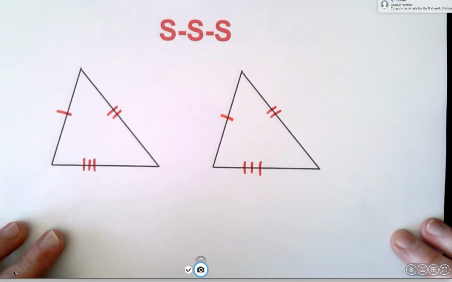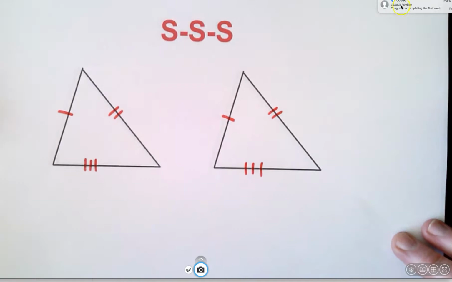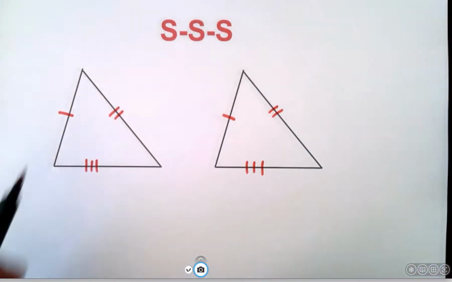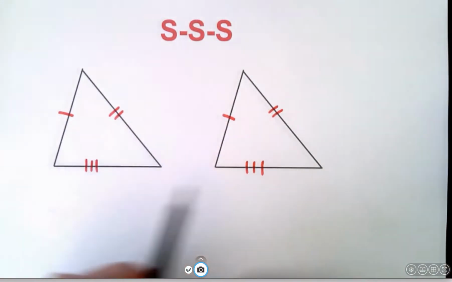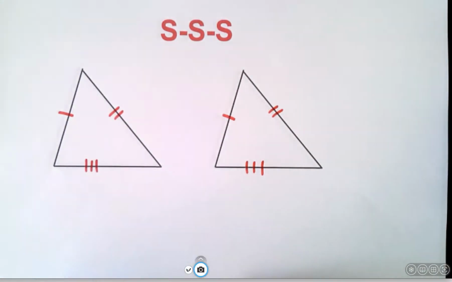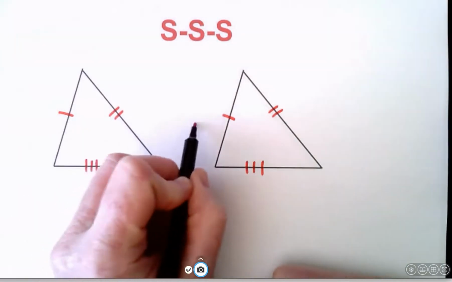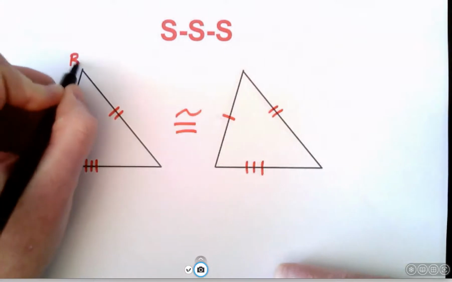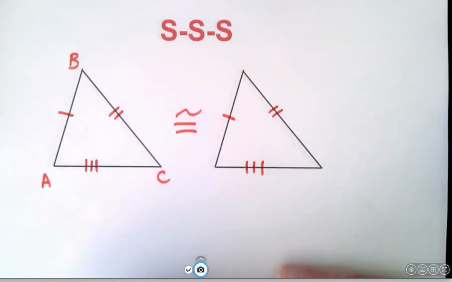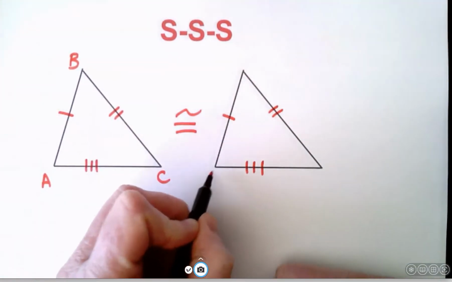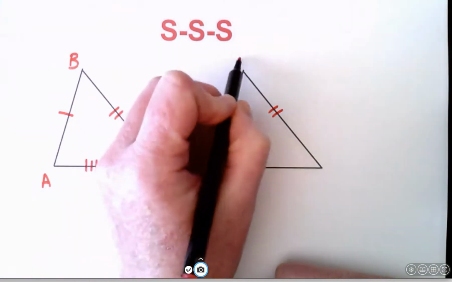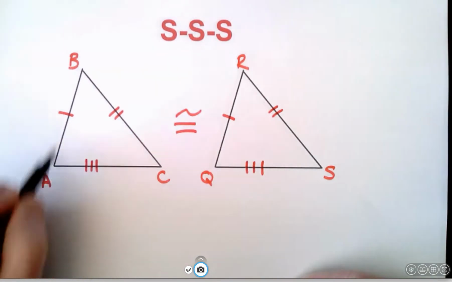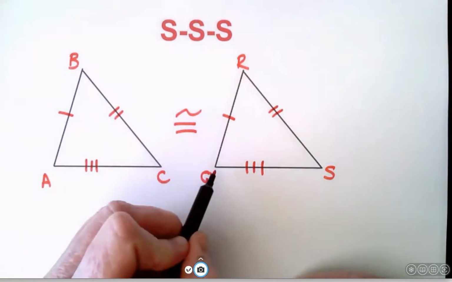Side-side-side is one of the theorems. We know that if all 3 sides in 2 triangles are equal, then those triangles are congruent. So if we had ABC and QRS, we would be able to say that side AB is congruent to QR.